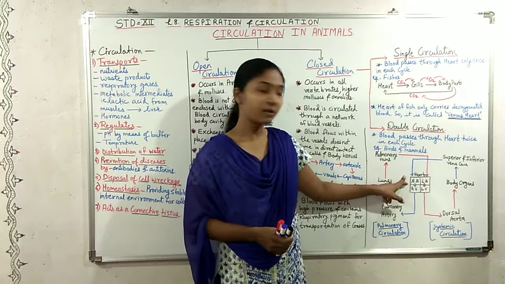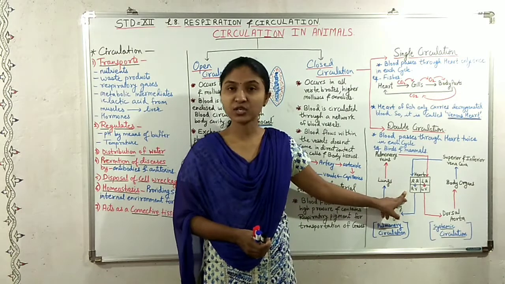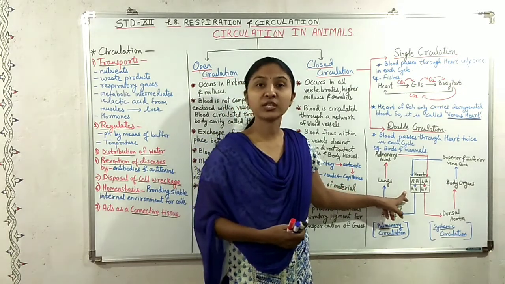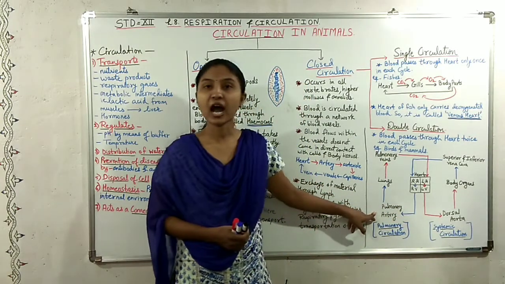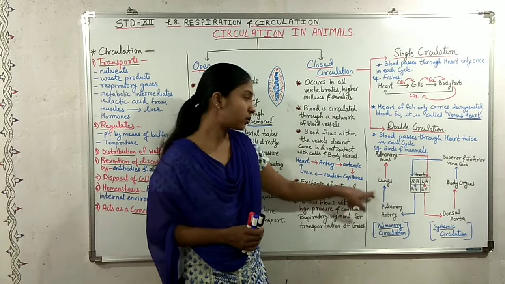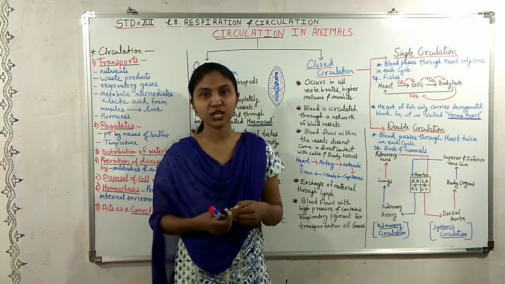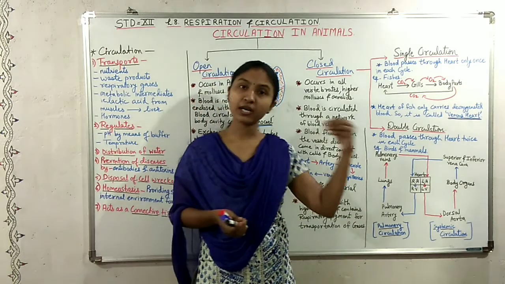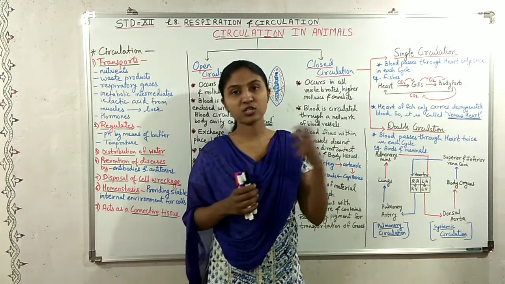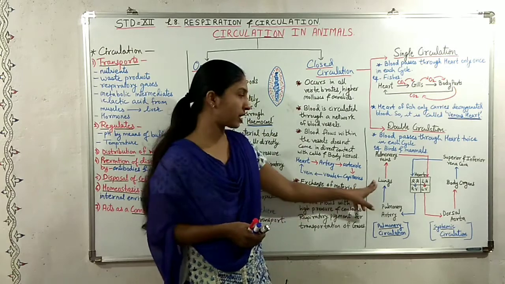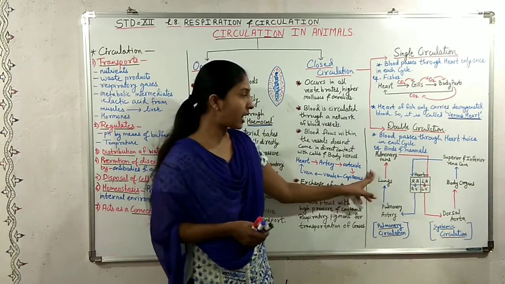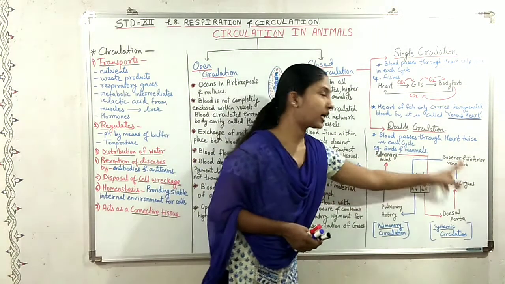From the right atrium it is dropped to the right ventricle, and from the right ventricle it is pumped out through the pulmonary artery, and it is taken to the lungs for oxygenation. Here in the lungs the carbon dioxide is given out, the oxygen is taken in and the blood gets oxygenated, and again the circulation continues.